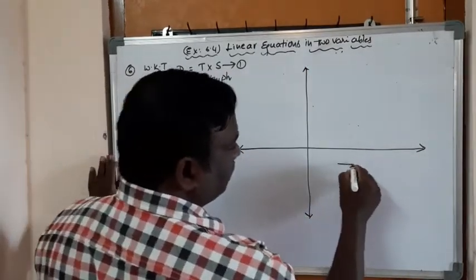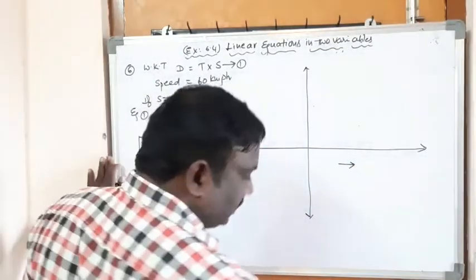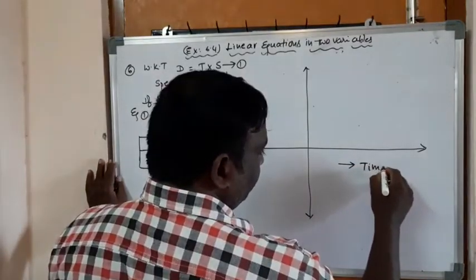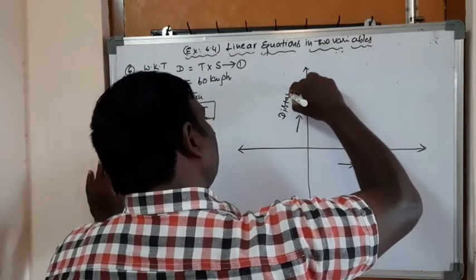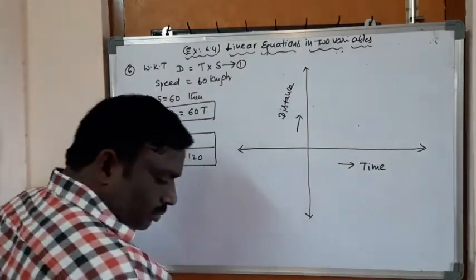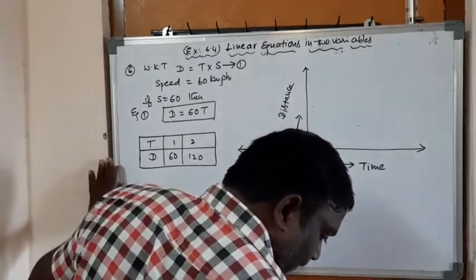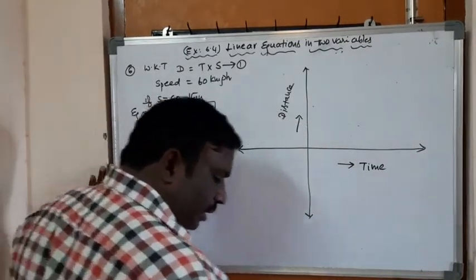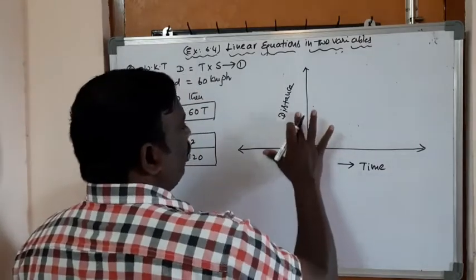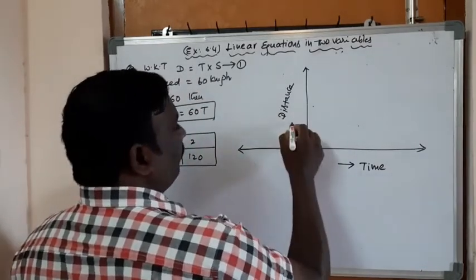On x-axis, take time, on y-axis distance. Time is 1 unit you can take, and distance is in kilometers, approximately 120.